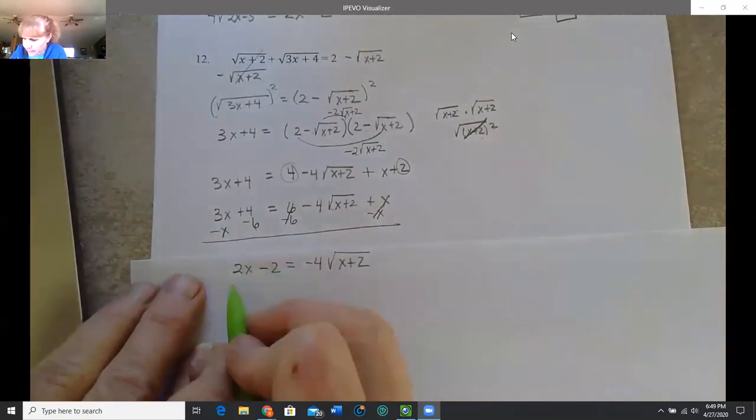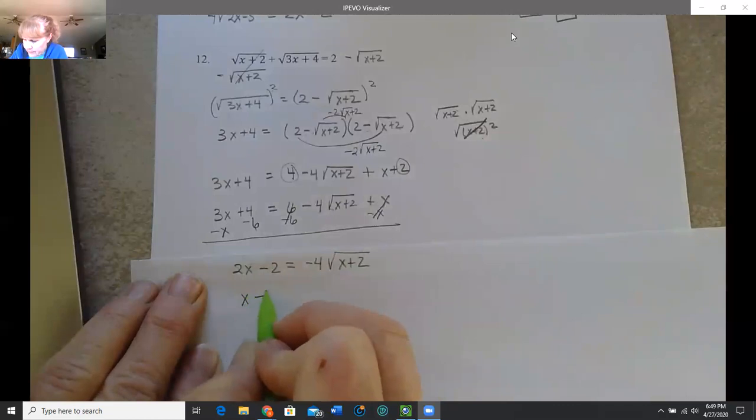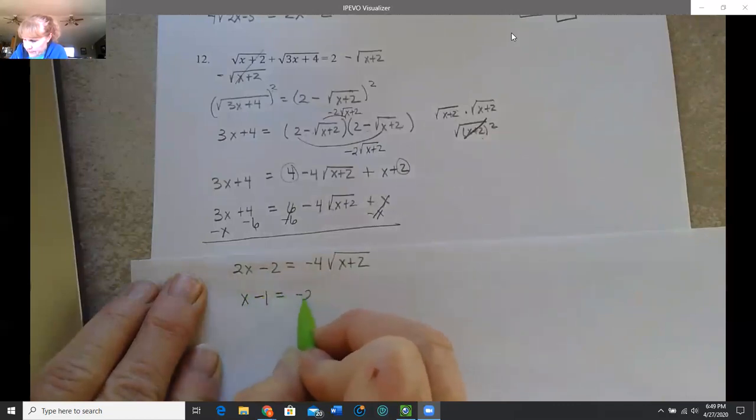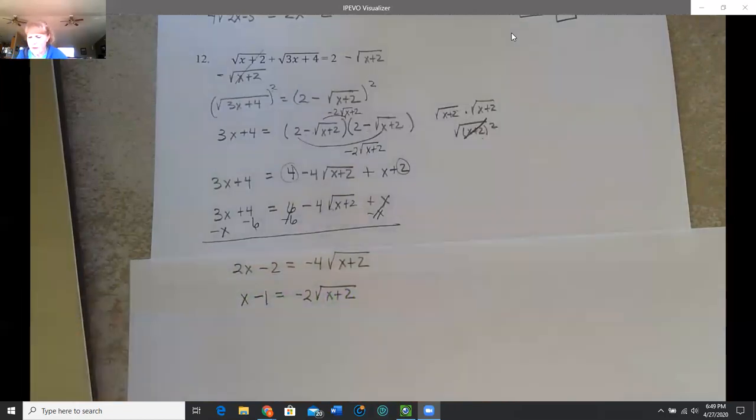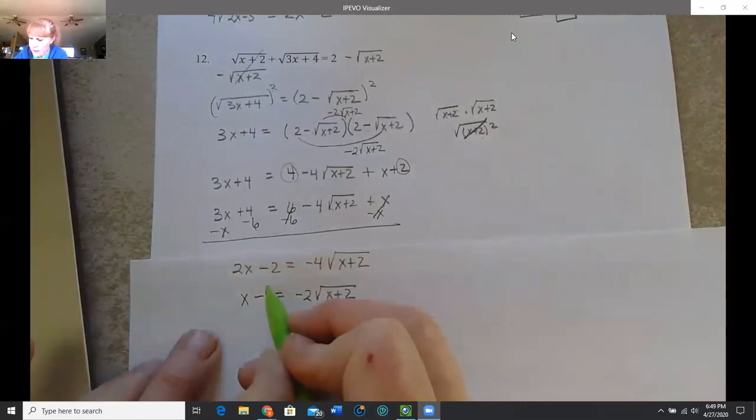So let's try that. Okay, now that negative, you have to kind of decide about the negative. You could leave it there and square it, or you could divide by a negative and make that a positive and that a negative. But let's go ahead and leave it and square both sides.